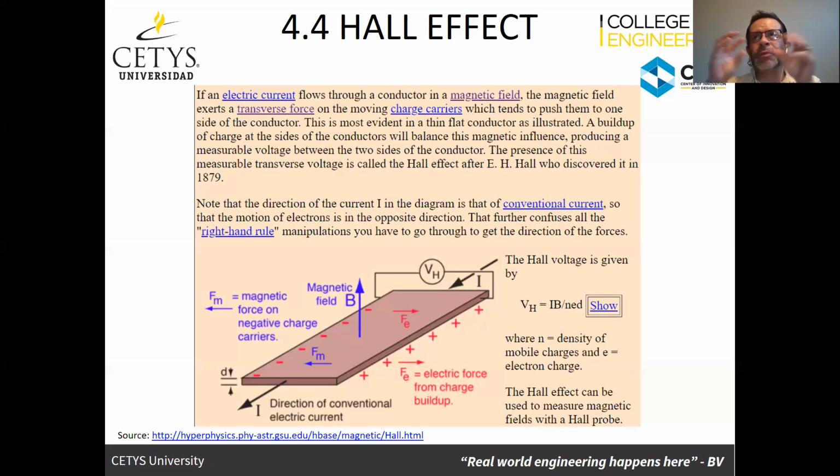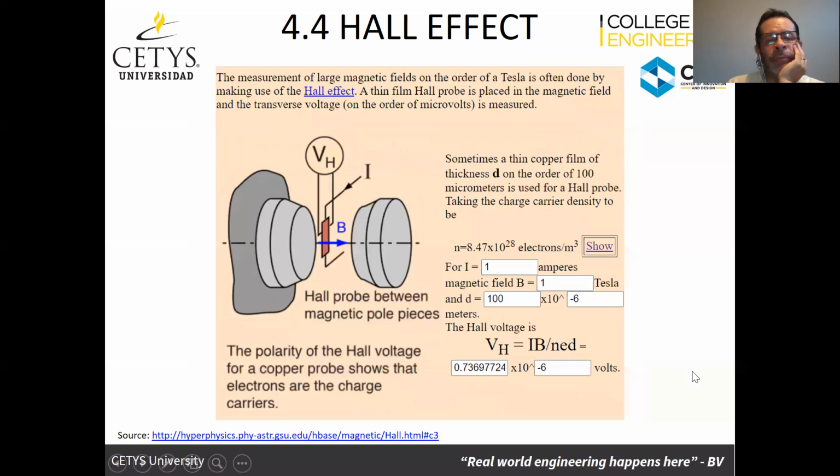Once we have the Hall voltage, and if we know any of the other variables, for example, if we know the current, we can find the value of the magnetic field. If we have the magnetic field, we can find the current, and so these can all be related. So this is what's called a Hall probe.